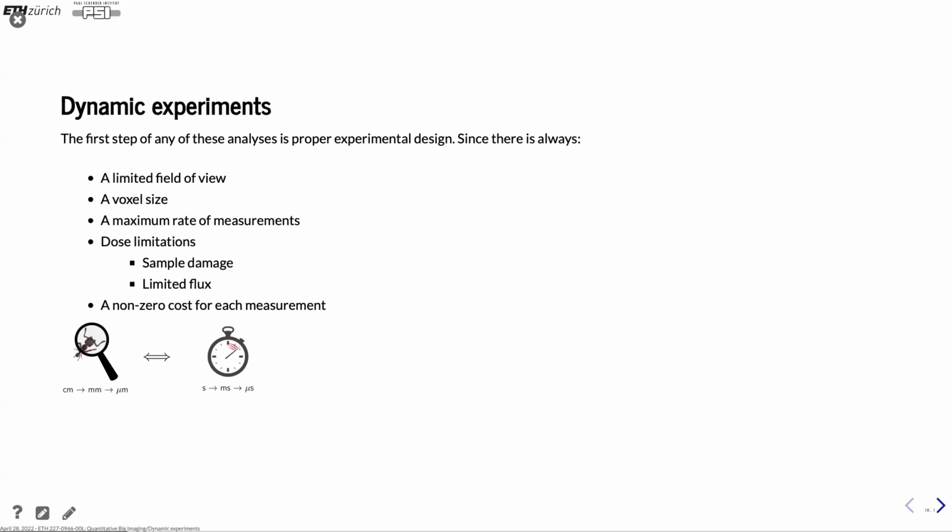Centimeters is not so realistic, but millimeters or microns is one case. And the other side is going in time: seconds, milliseconds, or even microseconds. That is a balance you have to decide, and you can usually not have both.